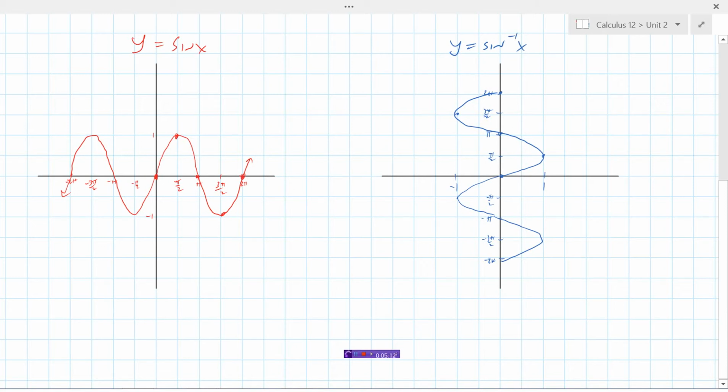So what mathematicians have had to do is restrict the domain of sine x so that the inverse, y equals the inverse sine of x, will be a function. And so what they've done is they've said y equals the inverse sine of x will be defined to be this function right here.